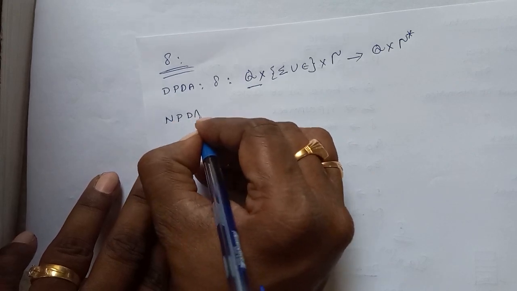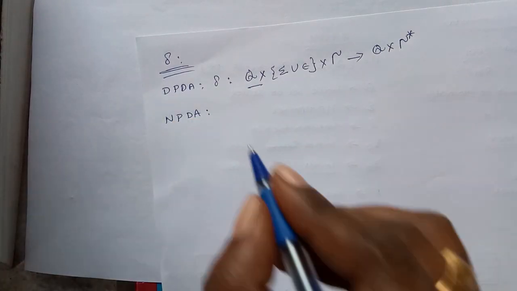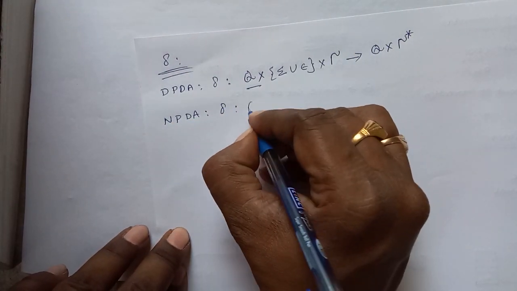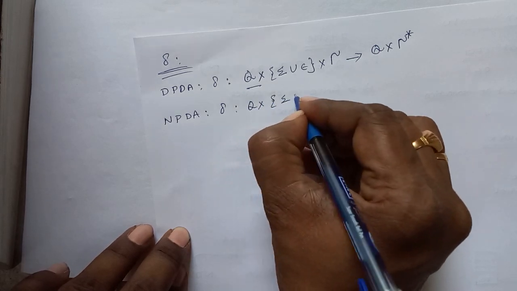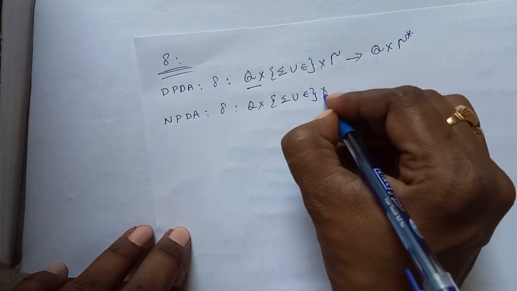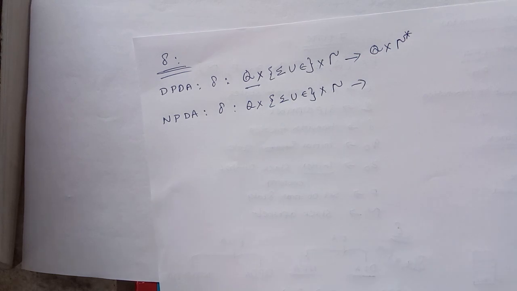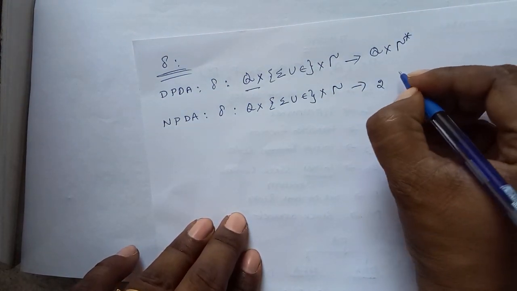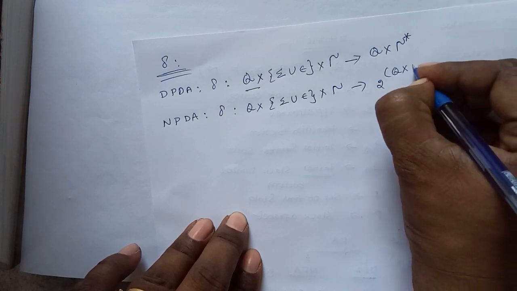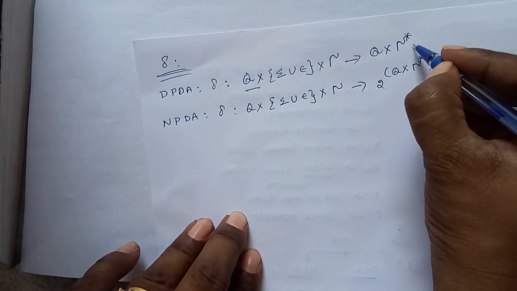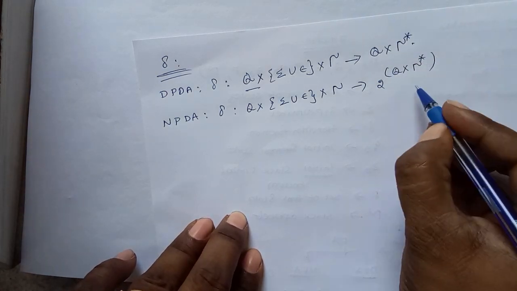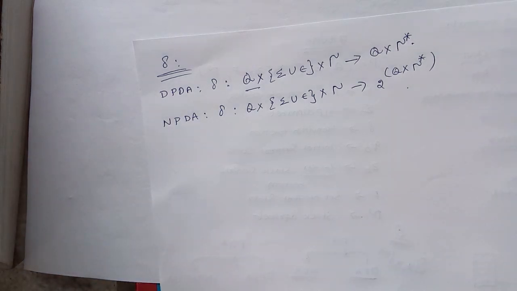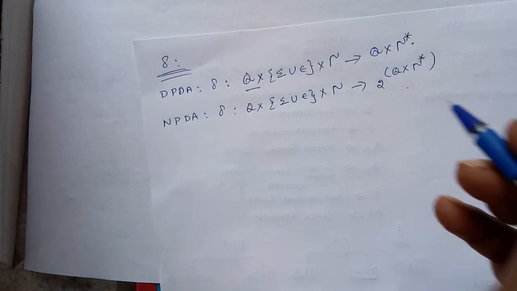Similarly, in non-deterministic pushdown automata, Q, sigma union epsilon, 2 power. See this one, it is almost similar to finite automata. It is similar to non-deterministic finite automata. This is a DFA, this is an NFA.